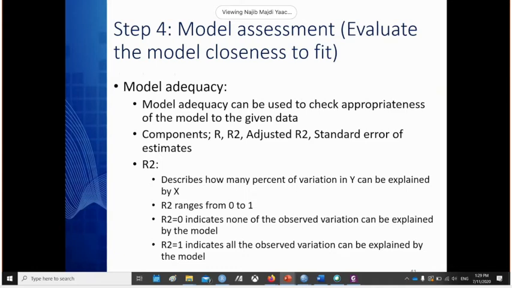To decide whether it is important or not, the magnitude of influence, we look at the R square. The R square describes how many percent of variation in Y can be explained by X, how much variability in the dependent variable can be explained by X. If everything regarding Y can be explained by this one independent variable, then the R square value will be 100%.